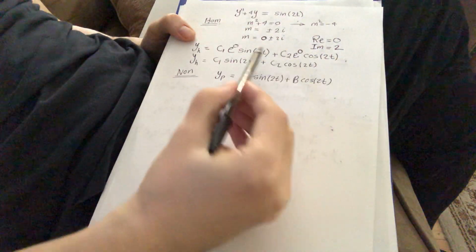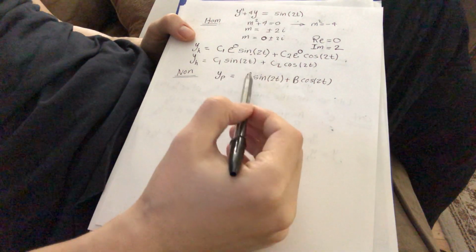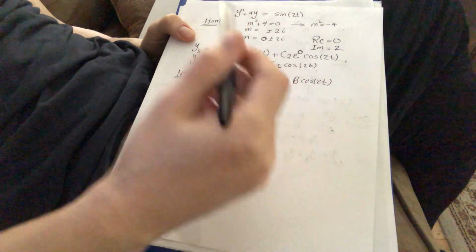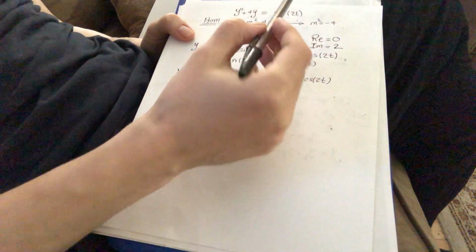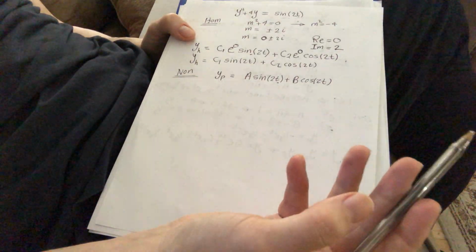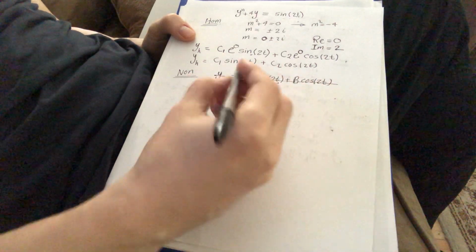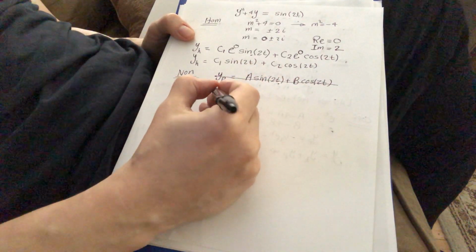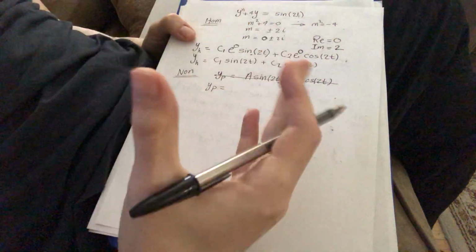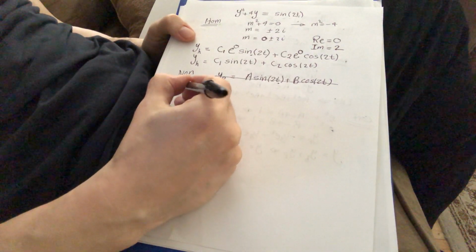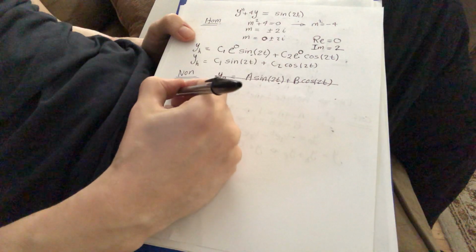But the problem is sine 2t is already repeated in the solution here. So I know already that sine 2t is already there. So that doesn't work. In this case, we need to do what's called upgrade the family.